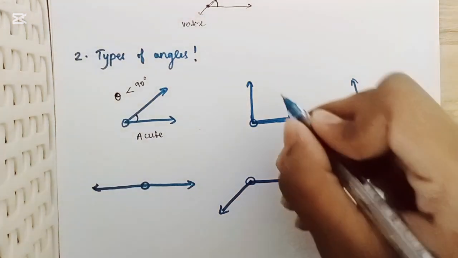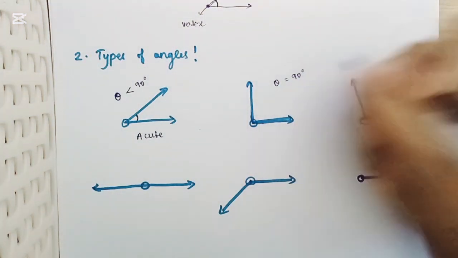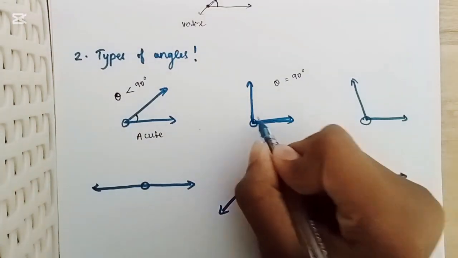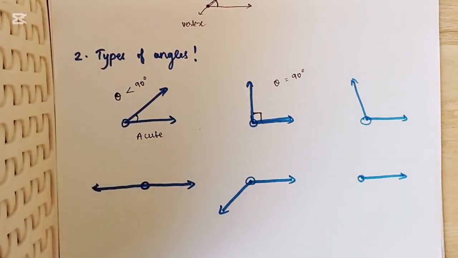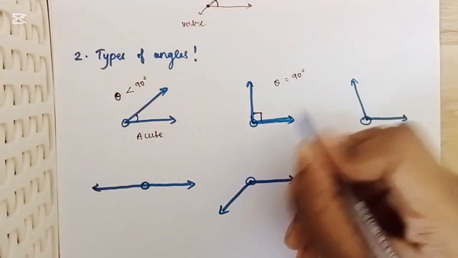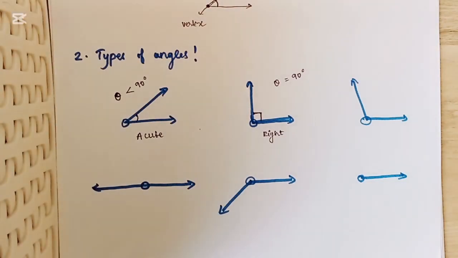Next is a right angle. A right angle is when theta is exactly equal to 90 degrees. And this is how you represent 90 degrees. Then this angle is when theta is between 90 and 180.